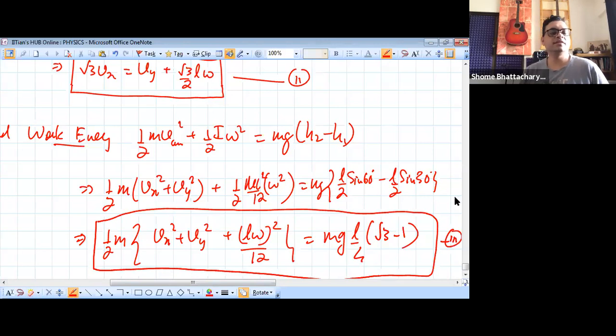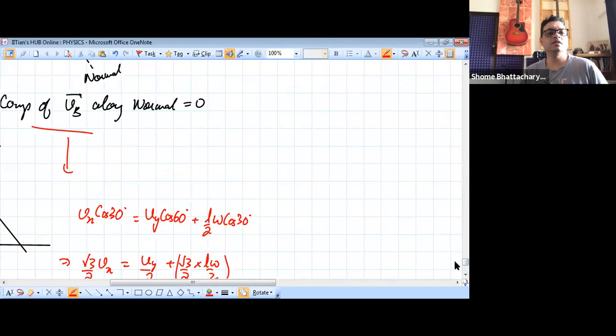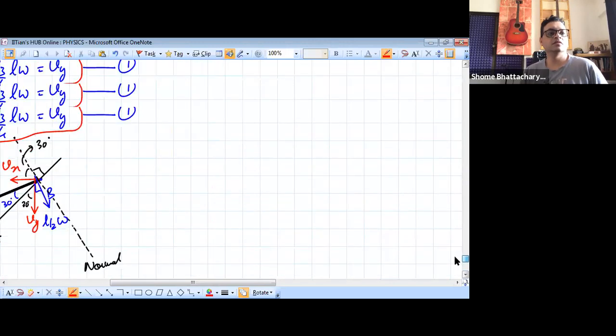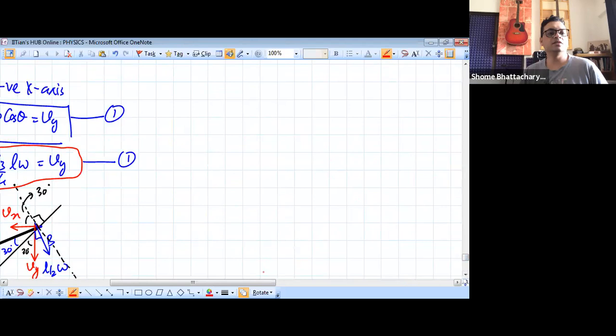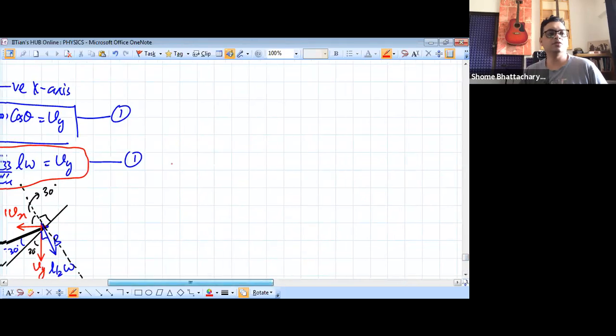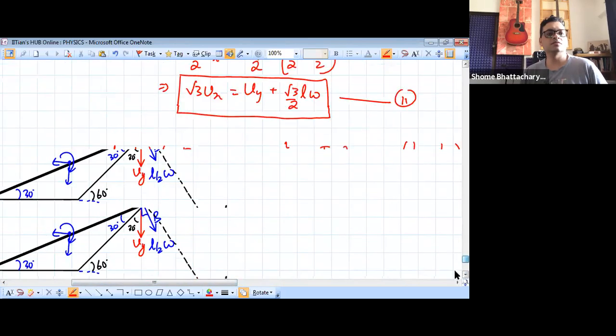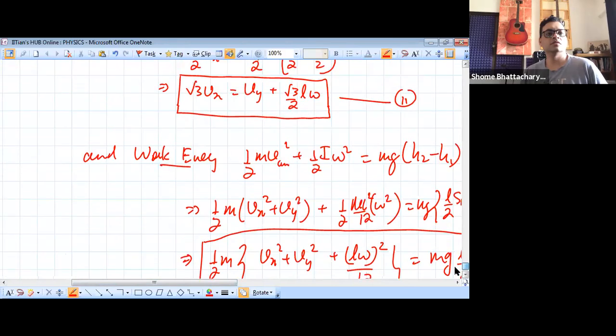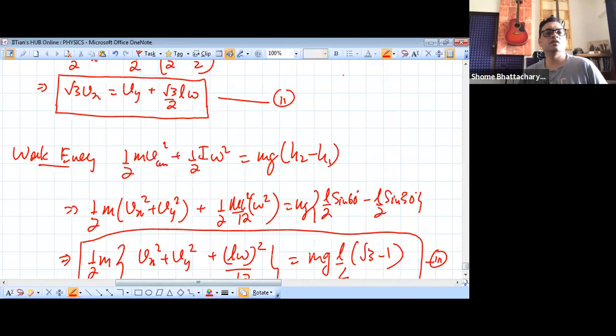The easy way to do this is that from equation 1, you already got Vy in terms of omega. You got Vy is equal to root 3 by 4 L omega.